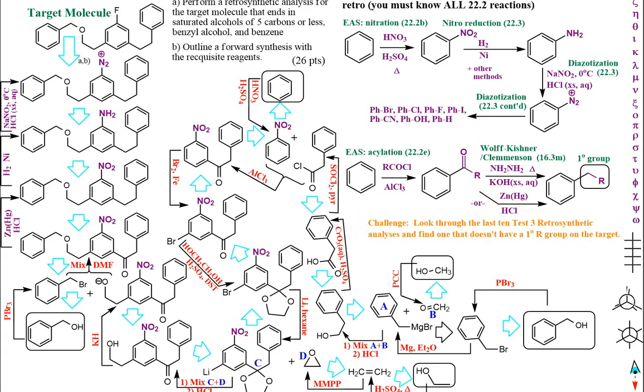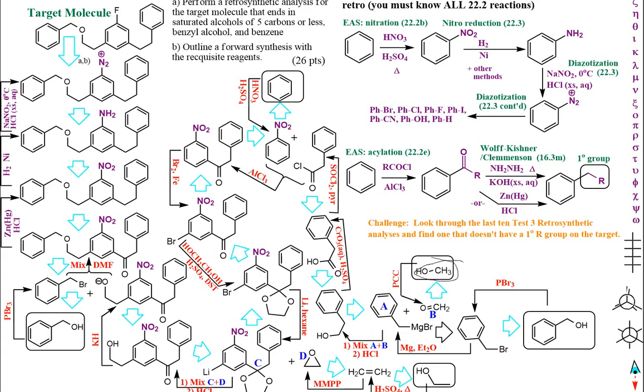So, taking it from the top. Benzene. Nitric acid, sulfuric acid. We have nitrobenzene now. We're going to react it with this piece here, which we haven't made yet. So let's look at it. We have benzyl alcohol, PBr3 to benzyl bromide. Magnesium and diethyl ether gives benzyl magnesium bromide.